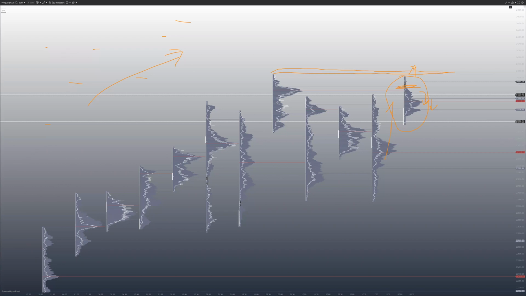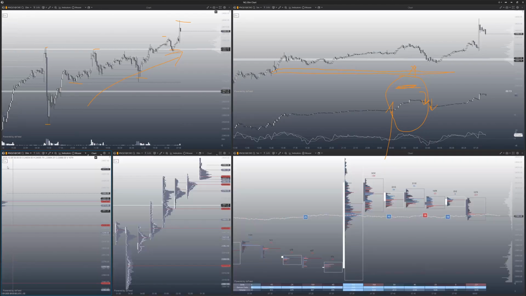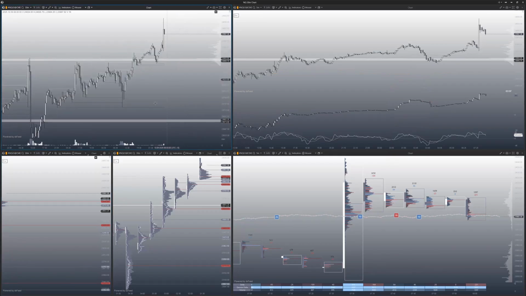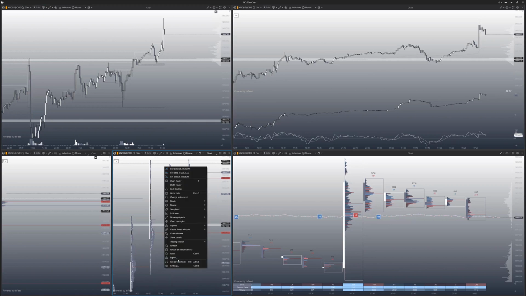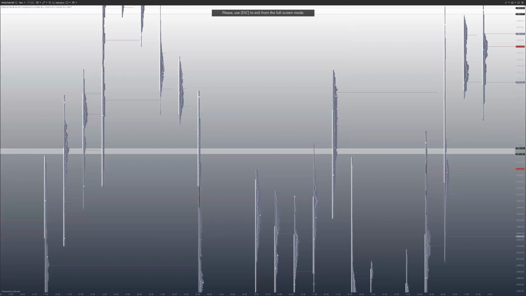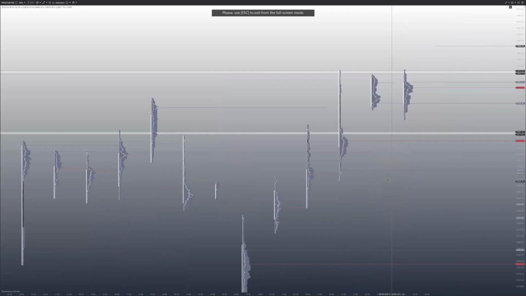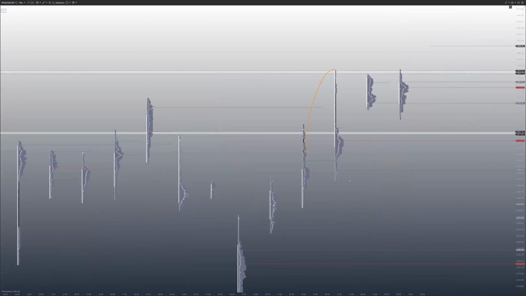That's what may happen, so long as we are below the zone. Let me remove all the drawings. The zone for today, based on the market profile cash profile for today, looks like this one here. I put the last 3 days together, because this day was also a strong day.